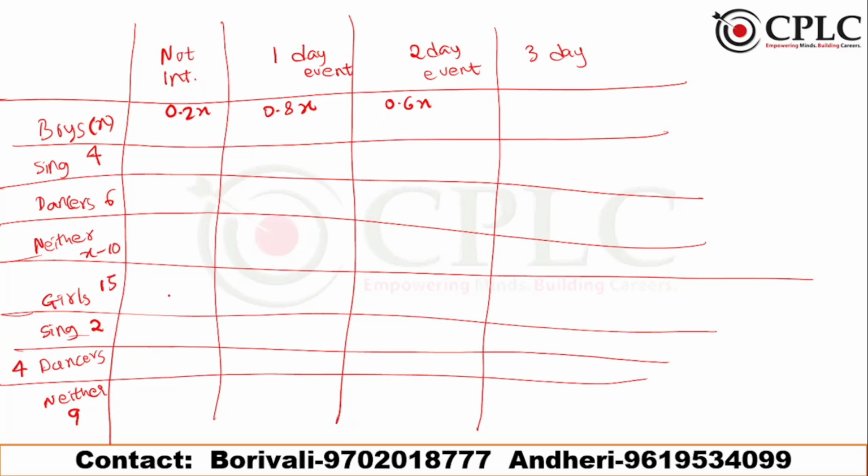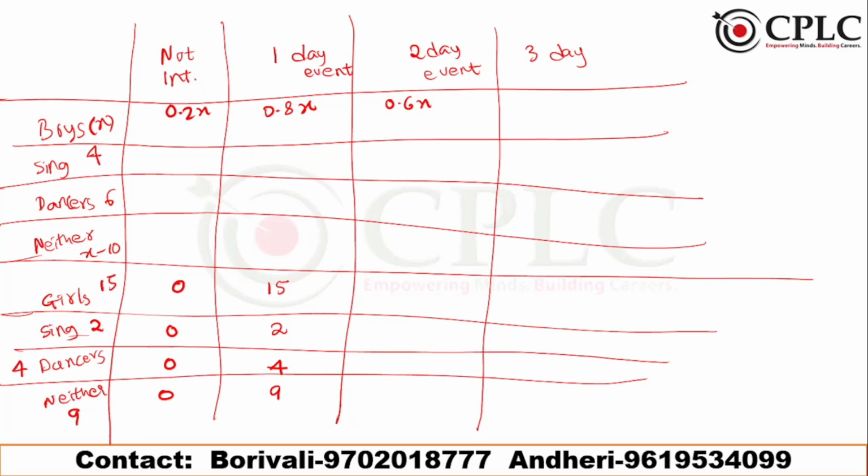Then girls who are not interested in anything is entirely 0. I mean, they are doing some or the other activity, out of which 15 are there for 1 day event, 2 are singers for 1 day event, 4 for dancers, and neither singers nor dancers is basically 9.